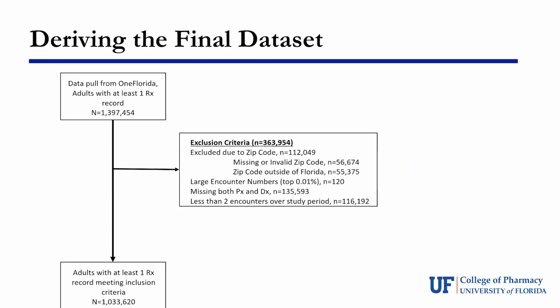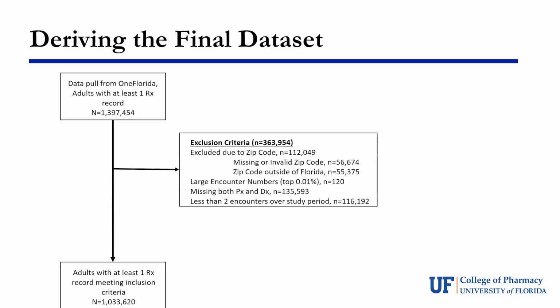So deriving the final data set, we started with almost 1.4 million patients who met the initial criteria that we asked for from One Florida. But then when we went through the data, and all the data cleaning, we lost over 350,000 patients. And you can see some of the very common reasons. There was some issue with the zip code data, the large encounter number we talked about.